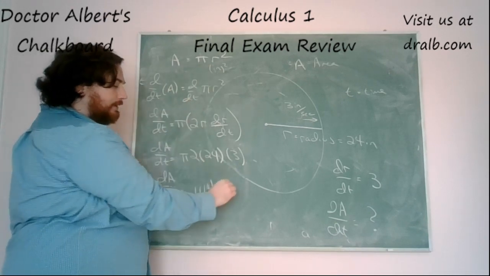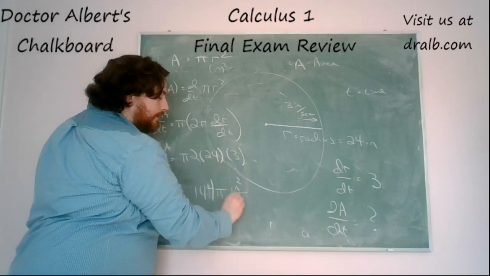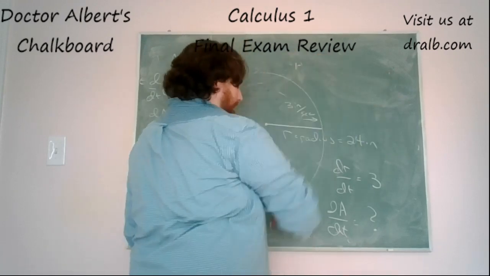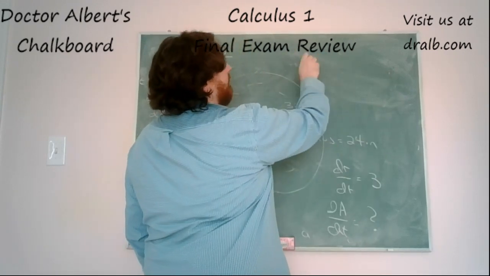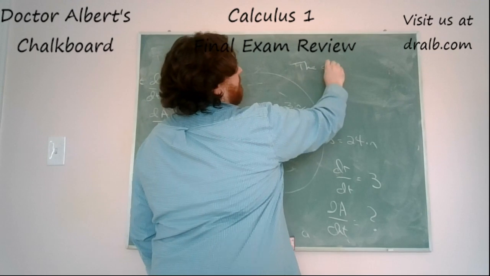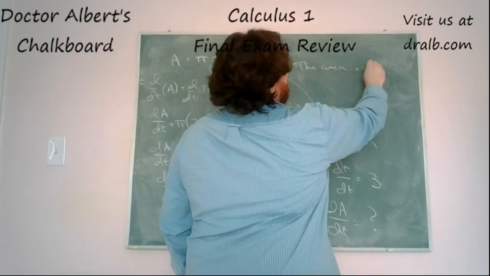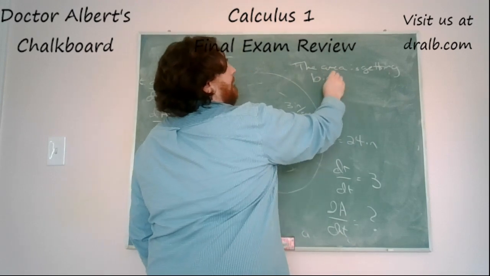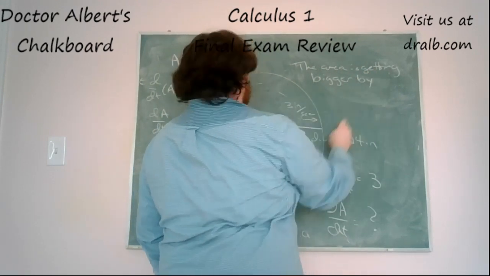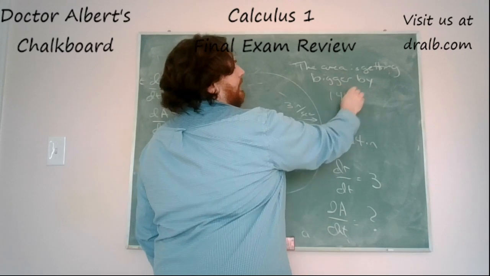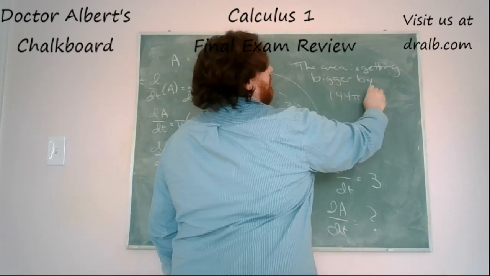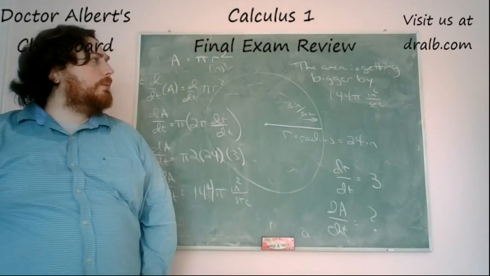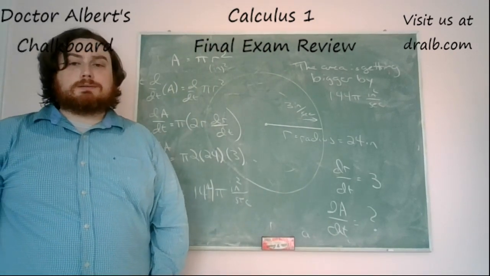Time is in seconds, so this is going to be square inches per second. So if I write out my sentence, the area is getting bigger by 144 pi square inches per second. And so now we have a solution to the final answer.